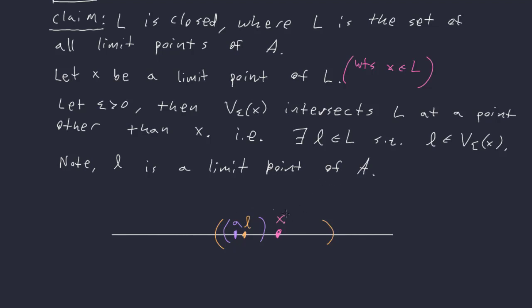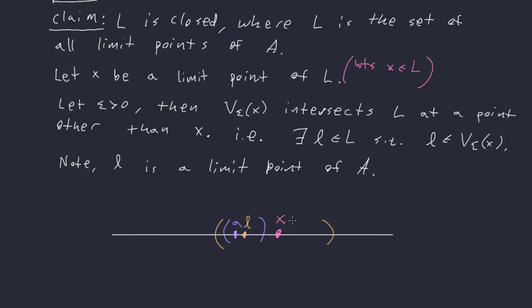So what I want to do now is just choose an epsilon small enough so that the epsilon neighborhood around l that will contain A will also be contained in this original epsilon neighborhood around X. So what we can do is take an epsilon.